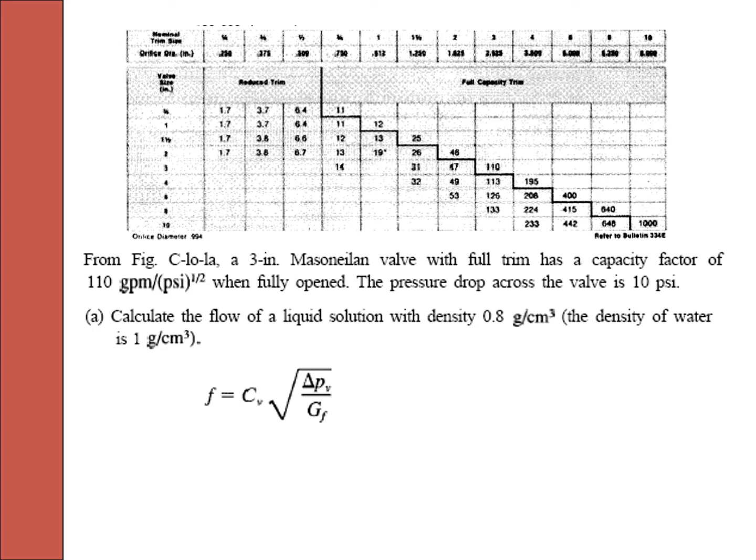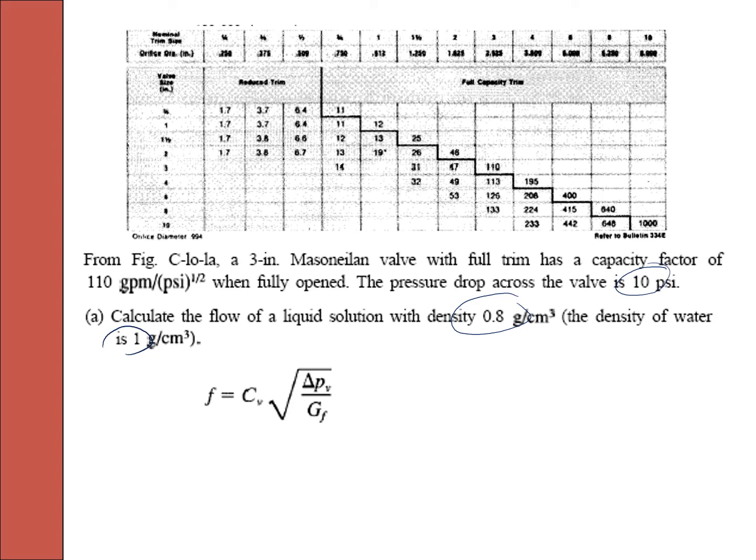The pressure drop across the valve is 10 psi. We need to calculate the flow of liquid solution with density 0.8. The density of water is in gram per centimeter cube. Normally we have kg per meter cube. In gram per cm cube, the density of water is 1.